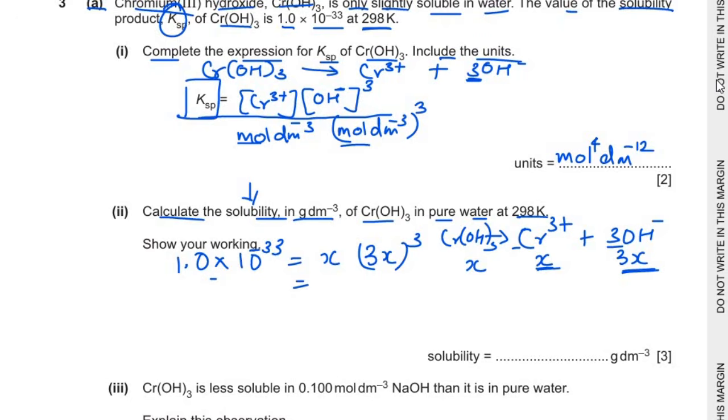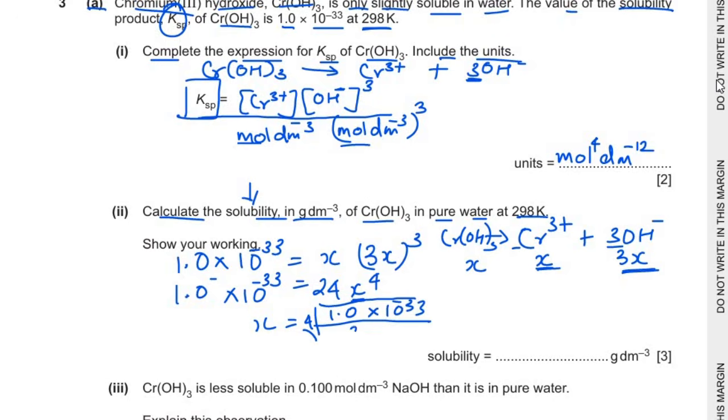So in that case, now we have 27 x^4, and that is equal to 1.0 x 10^-33. Now if we find out the value of x, it can be calculated by the 4th root of 1.0 x 10^-33 divided by 27.